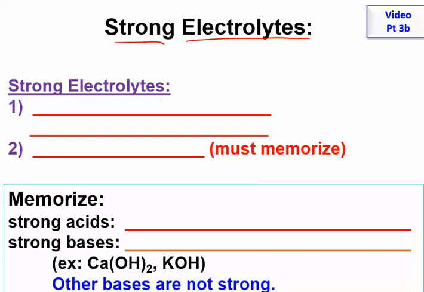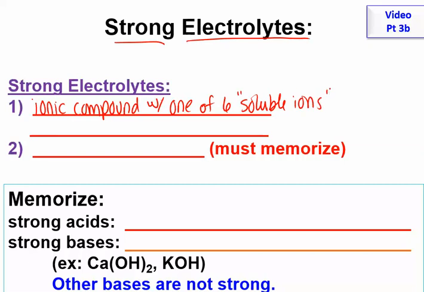Okay, so one way we know we have a strong compound is if it's an ionic compound and it contains one of those 6 soluble ions that we said on the last slide, but I'll put them up here real quickly.